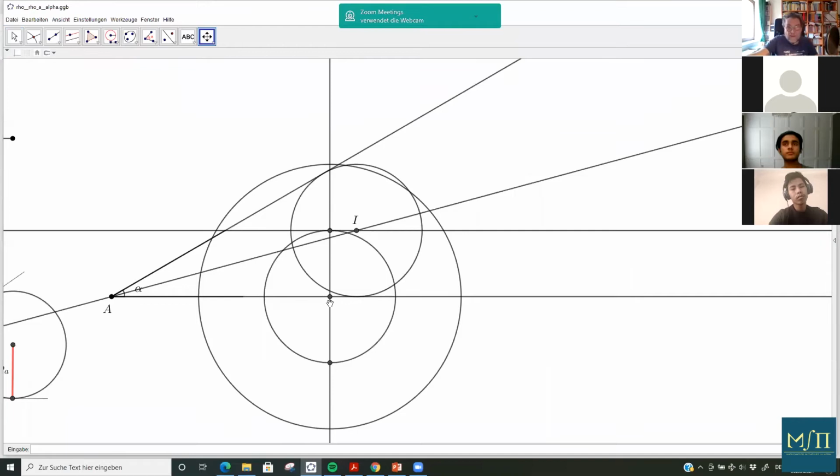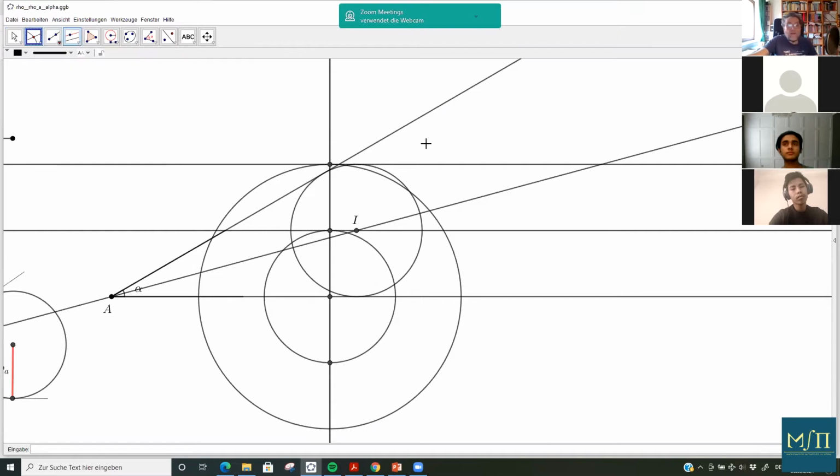So I have the ex-radius up here. If I now draw the points in which they intersect, that's this point here. And now we draw the parallel through this point to the leg of the angle.